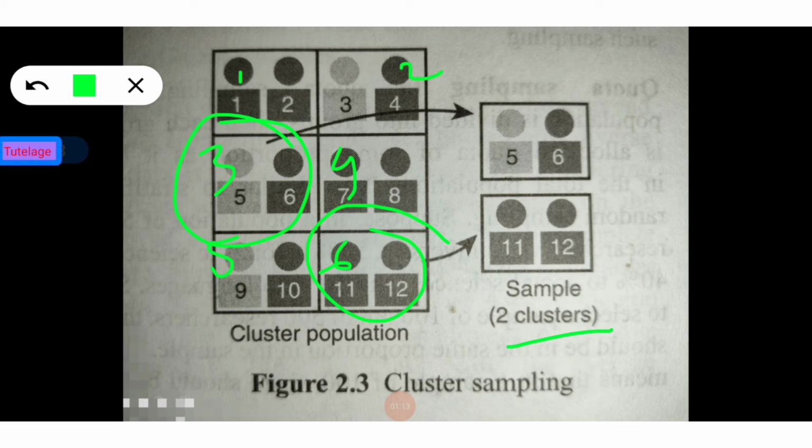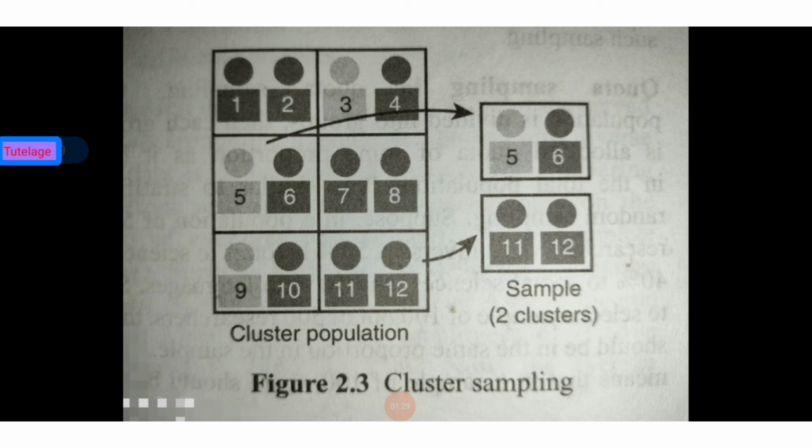So I think the difference between stratified and cluster sampling is clear, and what we mean by a cluster and strata is also clear to everyone. So now move on to the next concept, that is non-probability sampling.